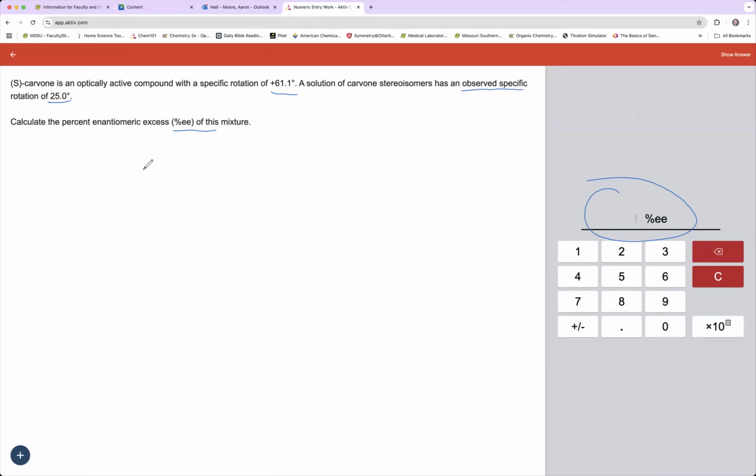Remember that the equation we're going to use is that the percent enantiomeric excess is the observed rotation divided by the specific rotation, and then we multiply that times 100%. So we're just going to substitute in numbers here. The observed rotation is 25.